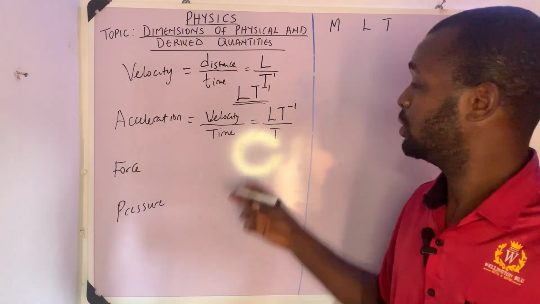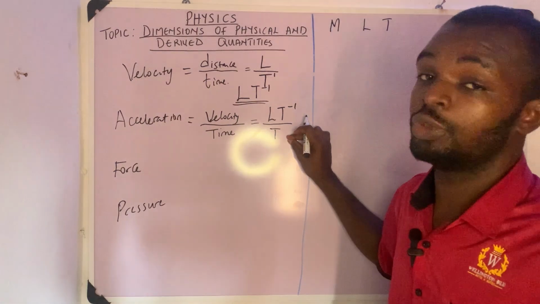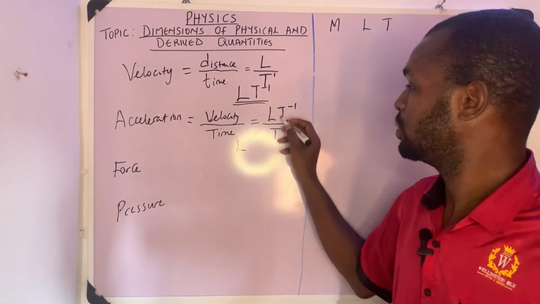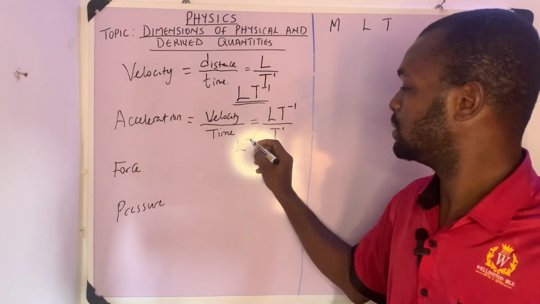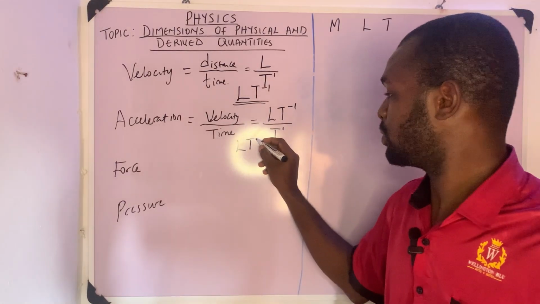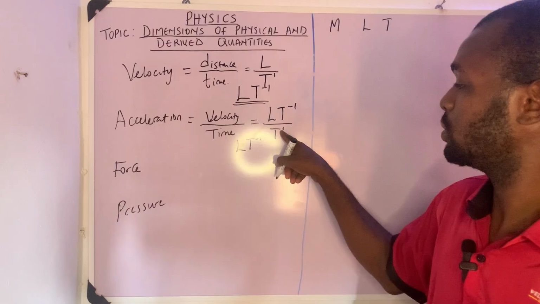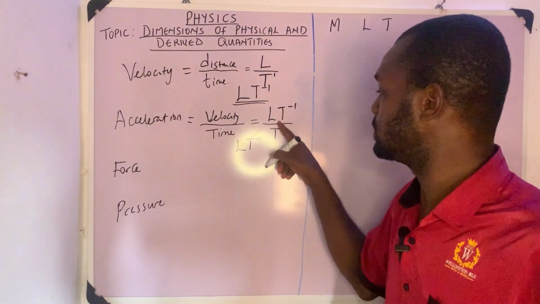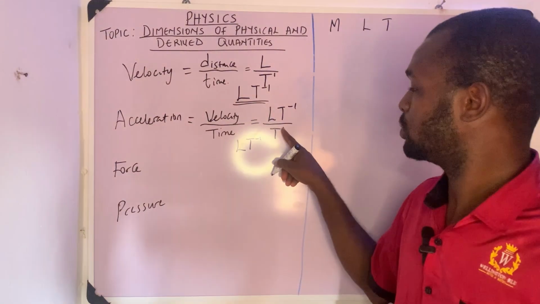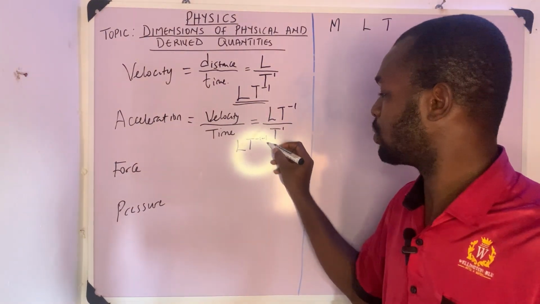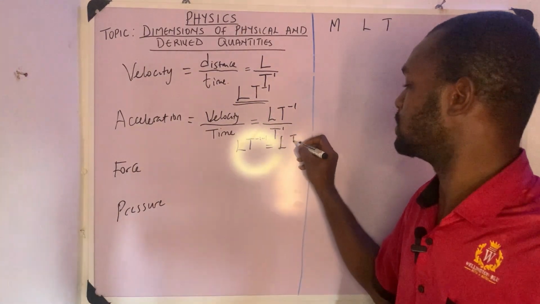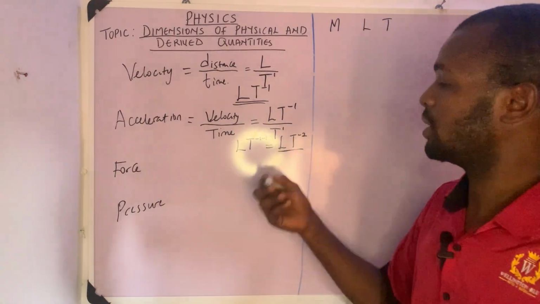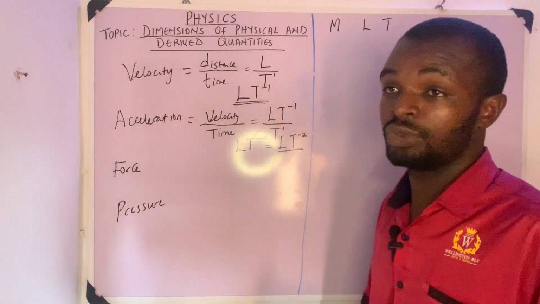And remember the rule again, there should be no one up and no one down. So now, bringing all of them in one line, there is one T here, and what is written here is -1. I told you previously, once this one is going up, law of indices, it will go up and change to -1. Since there is T here and there is T here, we'll pick 1T. So now this one will go up and change to -1, which is now equal to LT^-1-1, which gives LT^-2. So the dimension of acceleration is LT^-2.